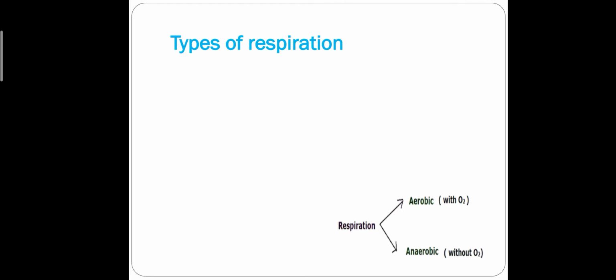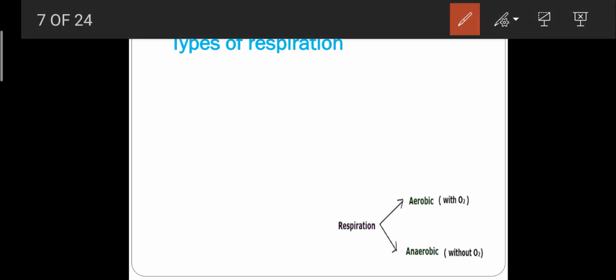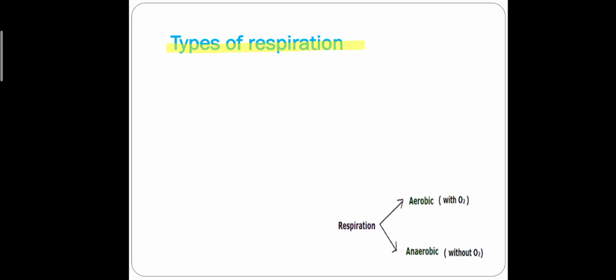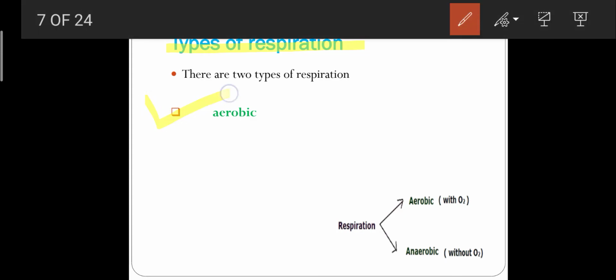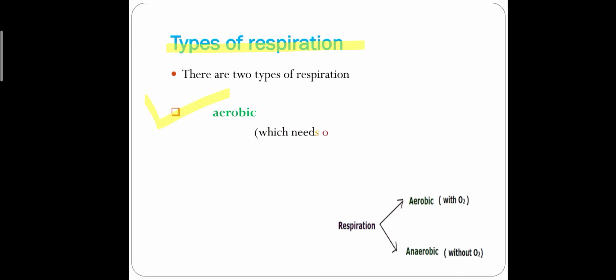Now we will discuss the types of respiration. There are two types of respiration. The first one is aerobic respiration, a type of respiration which needs oxygen.